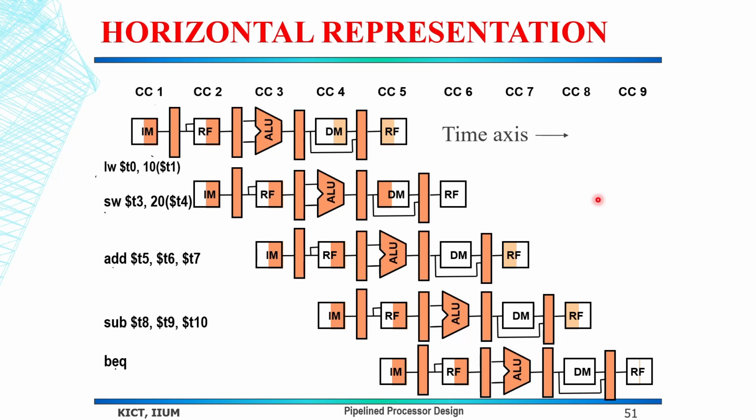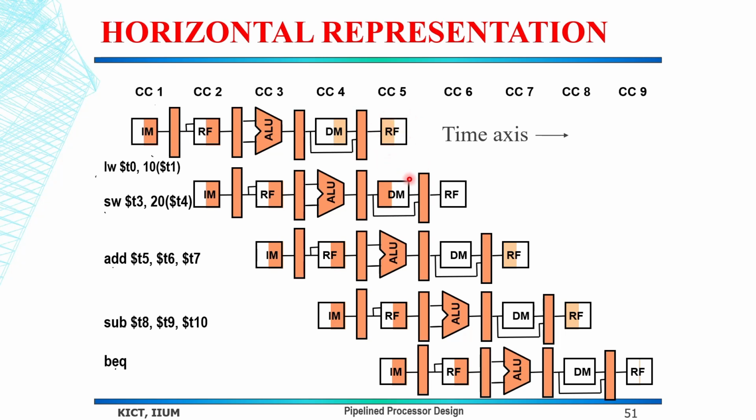Okay, so we are already familiar that this is the instruction memory, which is used during fetching of the instruction. Then we have the register file. Then we have the ALU unit, and then we have data memory, and then again the register file.